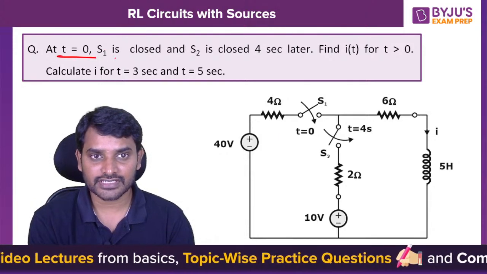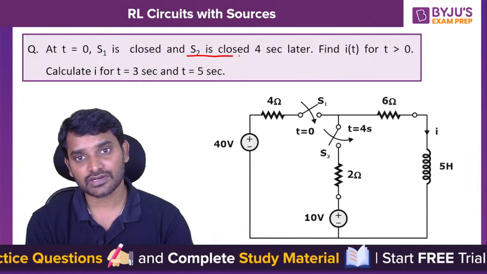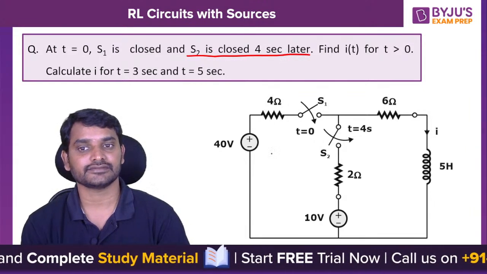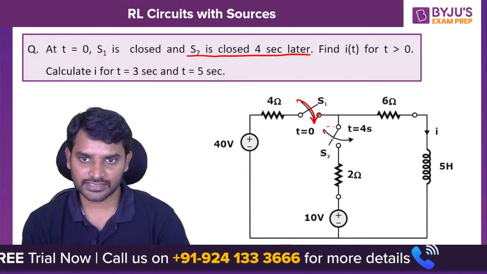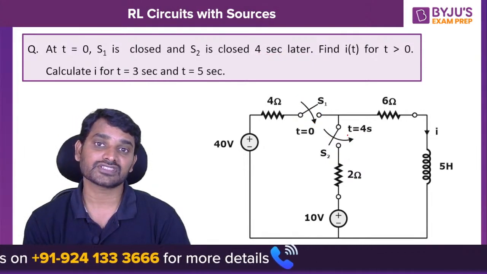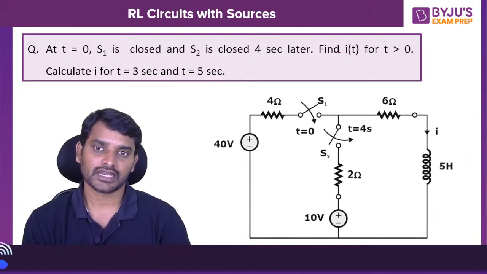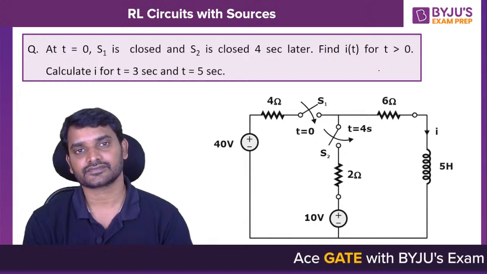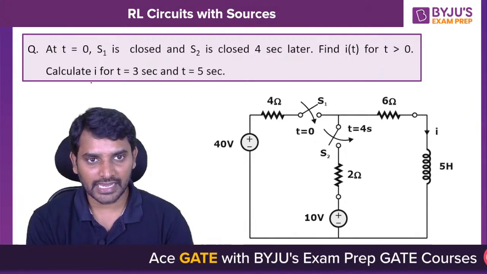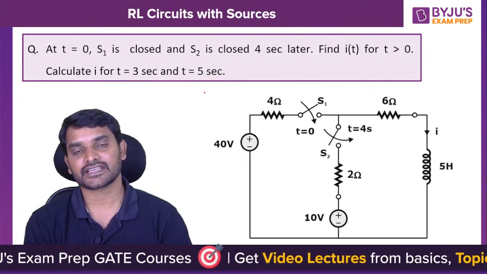At t equals 0, S1 is closed, and S2 is closed 4 seconds later. So if this is closed at t equals 0, this is going to be closed at t equals 4 seconds. Now he's asking to find i of t for t greater than 0, and calculate i for t equals 3 seconds and t equals 5 seconds.